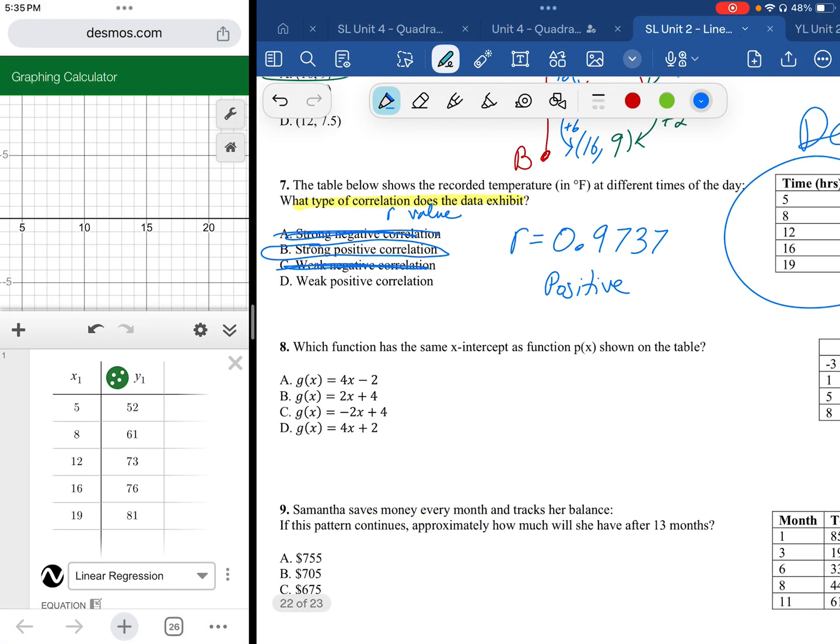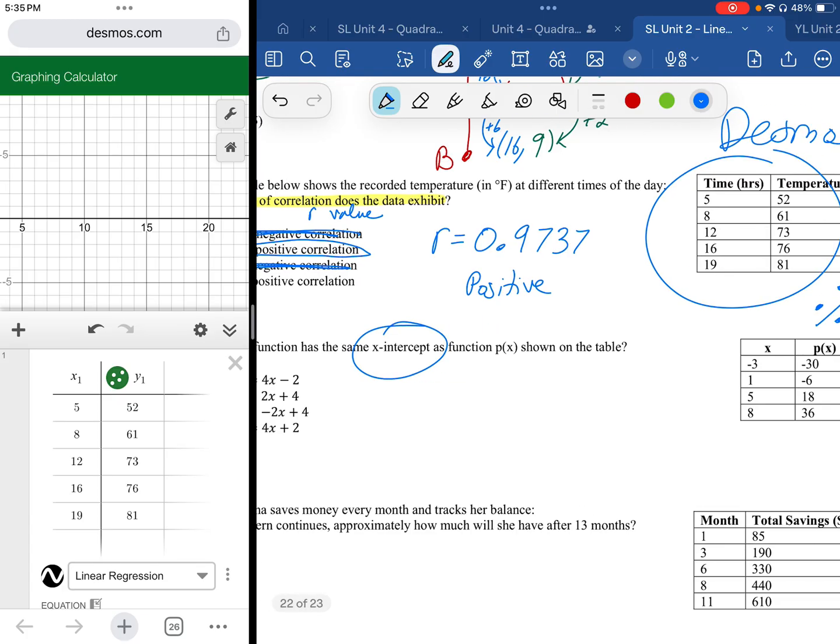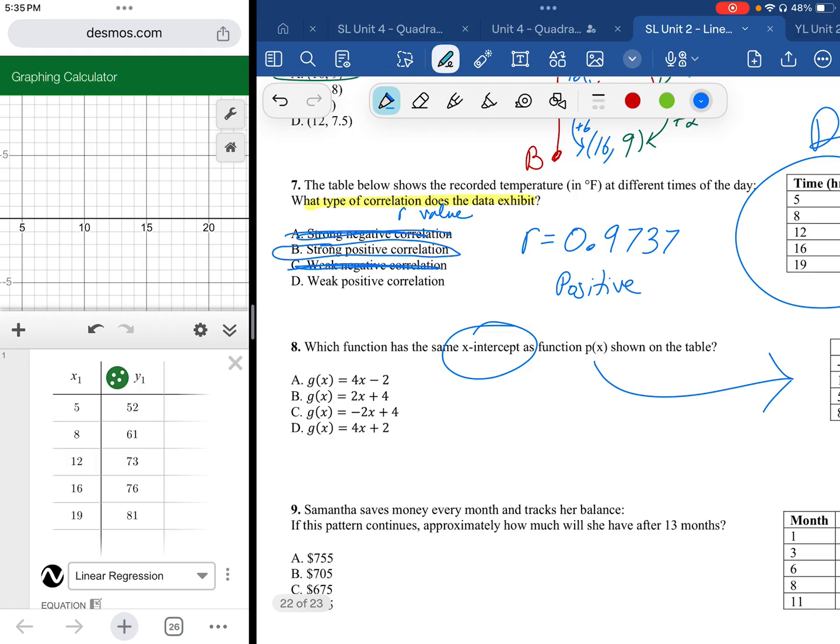Number 8, it says, which function has the same x-intercept as the function p of x shown on the table? So x-intercept, we got to pay attention for a second. Your x-intercept is where it crosses the x-axis.